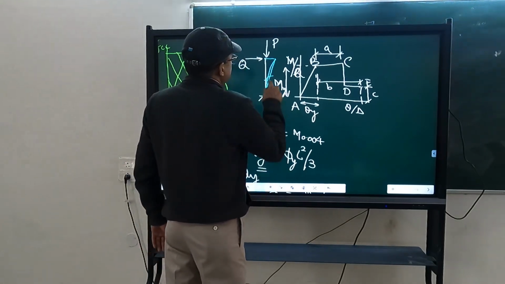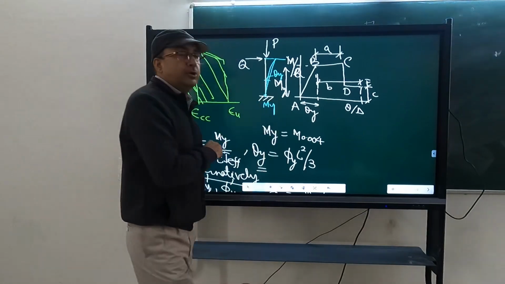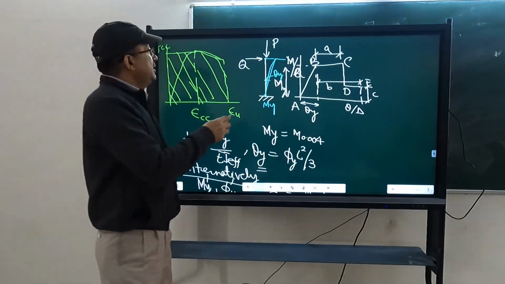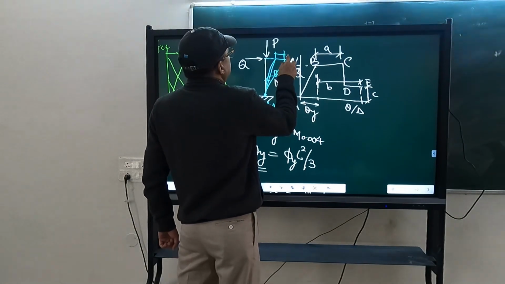When it is My, this chord angle is theta. When you deform it further, when My has already been reached, then what will happen? It will rotate as a rigid body, and this is A.